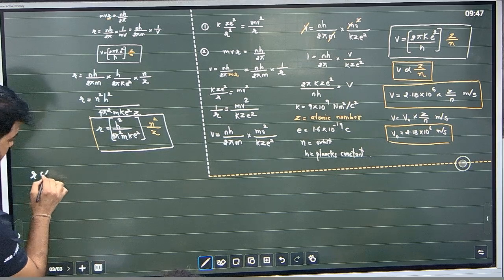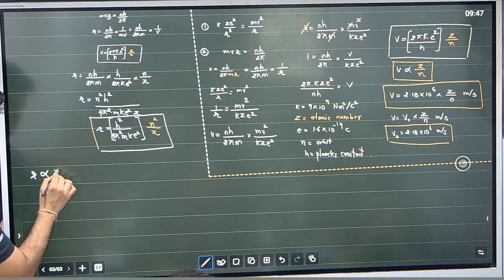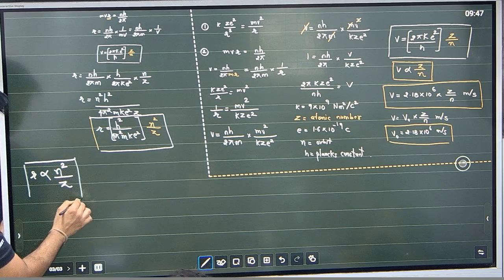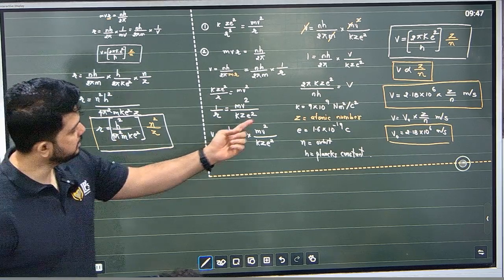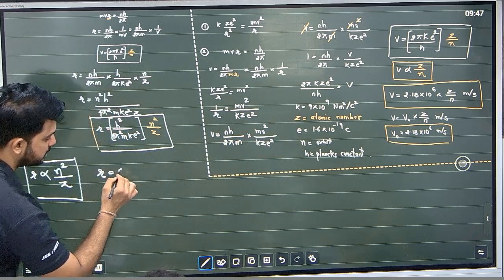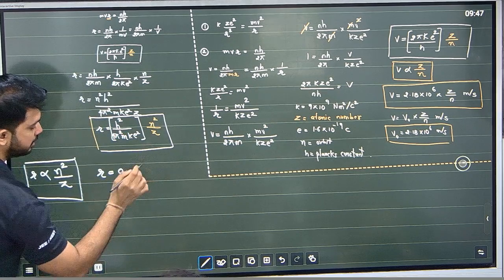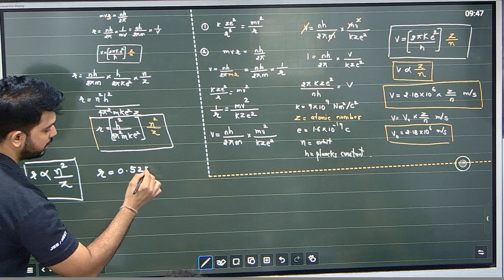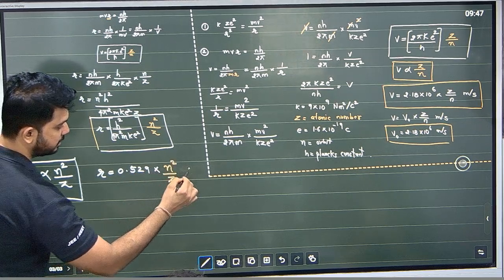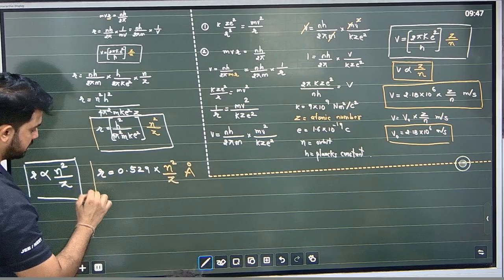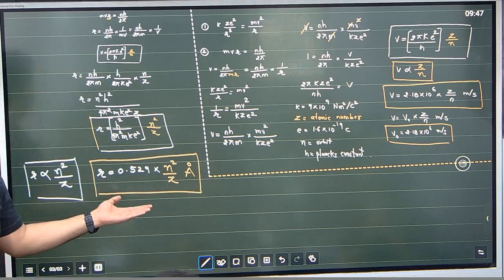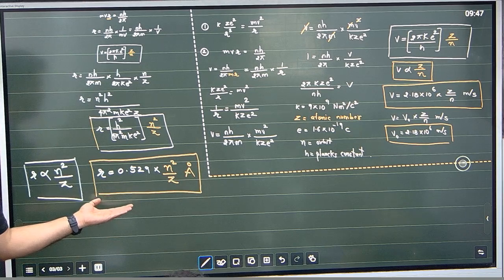R is directly proportional to n squared, inversely proportional to atomic number Z. All the values remaining the same, when substituted, we get the formula for R: 529 into n square upon Z. The unit is angstrom. How much is an angstrom in meters? 10 to the power minus 10. Did you people get that?